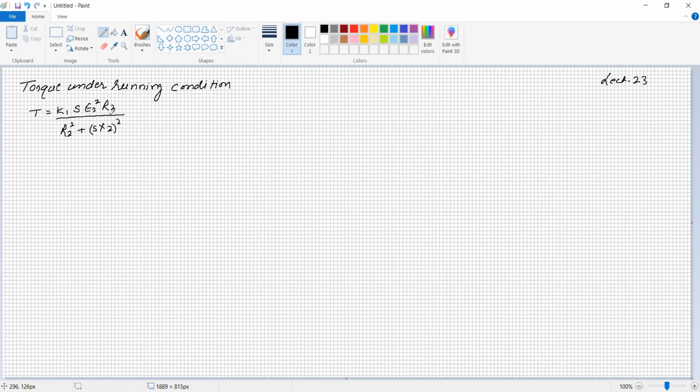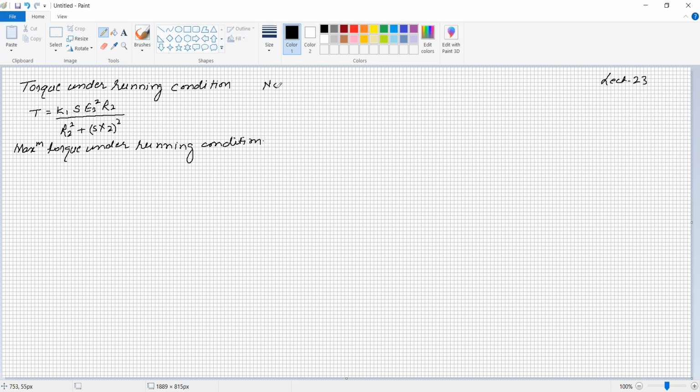Now today we are going to discuss the maximum torque condition under running. For the maximum and minimum, we have to differentiate this equation with respect to the variable, and here the variable is the slip.